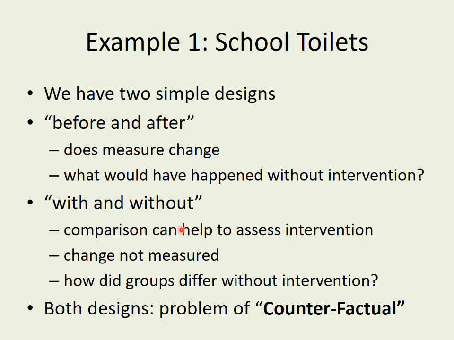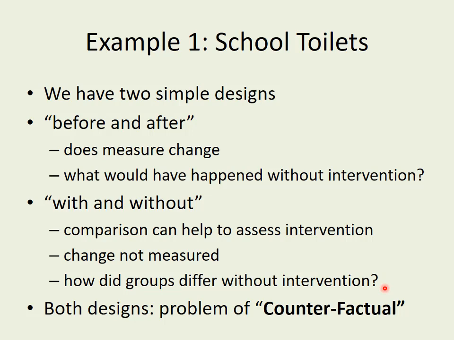The with or without one is the other one, when you have the 2 groups. But the comparison can help us to assess the intervention, because you can see that perhaps there would have been a higher attendance anyway. The problem is that you haven't measured the change, and you don't know how the groups would have been different if you hadn't made the intervention. So before you made the intervention, you didn't know whether the groups were similar groups or different groups.